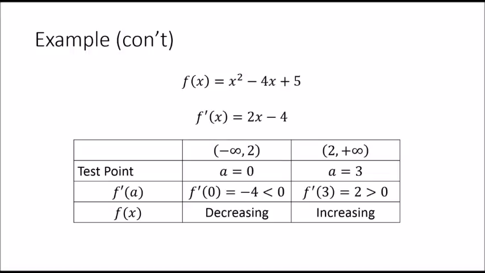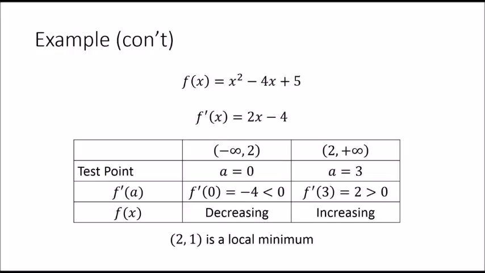When I plug 3 in, I get 6 minus 4, which is equal to 2. I get a positive value, and so I can conclude that on the interval 2 to positive infinity, the function is increasing. Now, what that means, if I have a function that was decreasing and then started increasing, I can conclude that where x equals 2, I must have a local minimum.